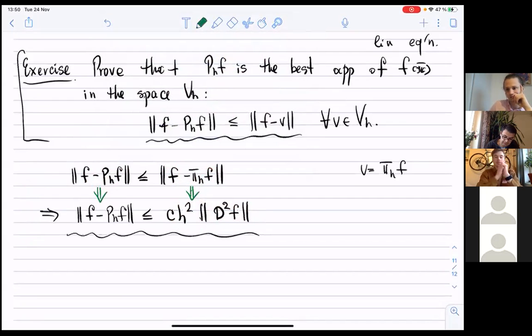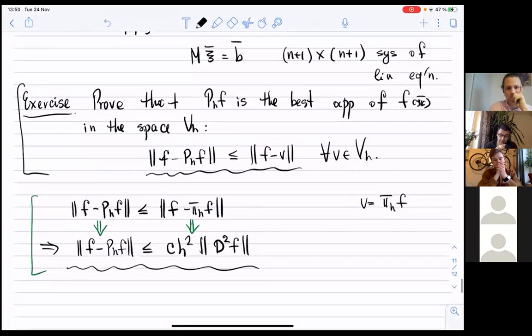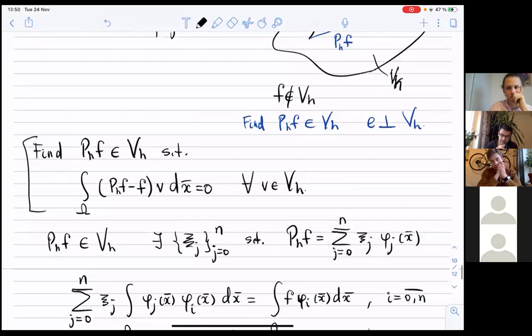Sounds good. And we're going to move forward now. I think now we have defined what the interpolant is, and what the projection is. And I think in one of the lectures I said that this projection operator, this derivation, is closely related to Galerkin finite element approximation.